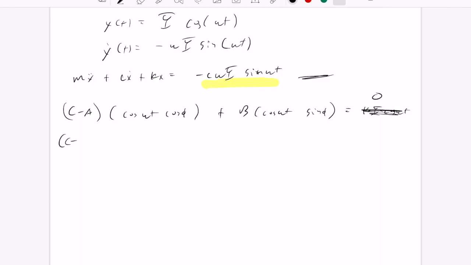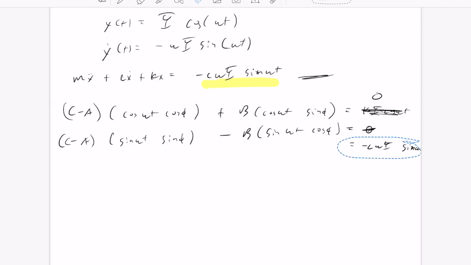And then c minus a times sine omega t sine phi minus b sine omega t cosine phi is now equal to, before it was equal to 0 for the previous example, now it's equal to negative c omega Y sine omega t. Let me move that over so I don't lose any letters.